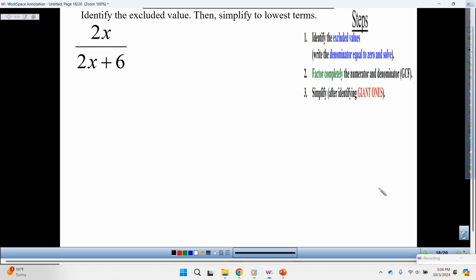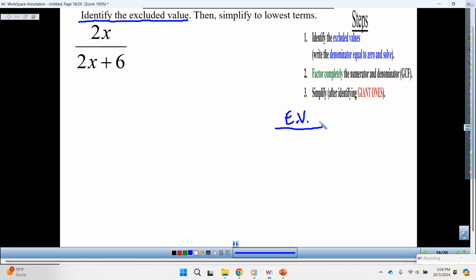Wow. All right. I'm going to do the first part, which you haven't done. Look up. We're going to identify excluded values. So on your home plate, some of the problems are just going to ask you, identify the excluded value. How do I do that, Mr. Q? Well, let me show you. I'm going to write it over here. Tell your neighbor what EV stands for?